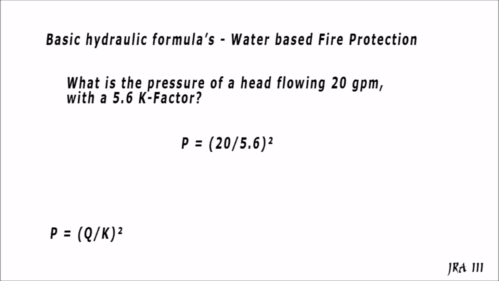Plugging that in, we get P equals 20 divided by 5.6, which turns into 3.57. The square of 3.57 is 12.7449, rounding to 12.75. Our answer is 12.75 psi.